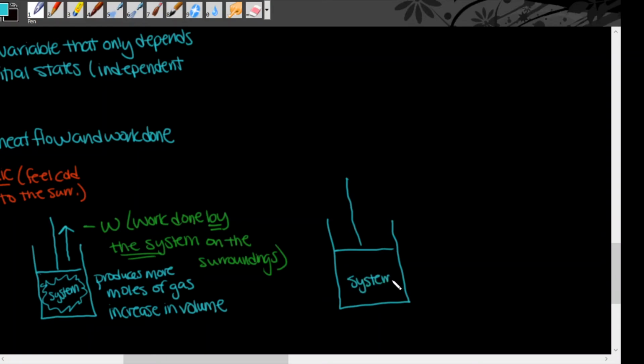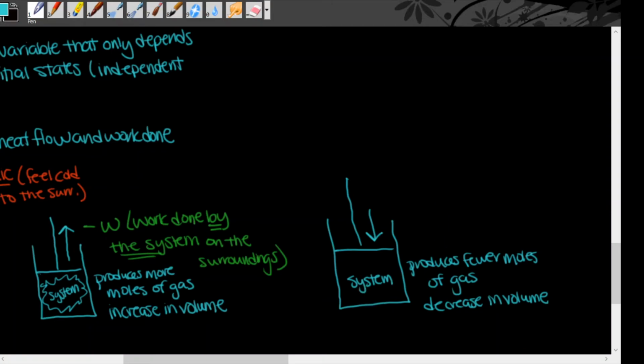If the reaction produces fewer moles of gas, like maybe the reaction starts off in the gas phase and produces a solid, you're going to get a decrease in volume, because it's the gases that are keeping that piston where it is. So this volume would drop down if we had fewer moles of gas inside.